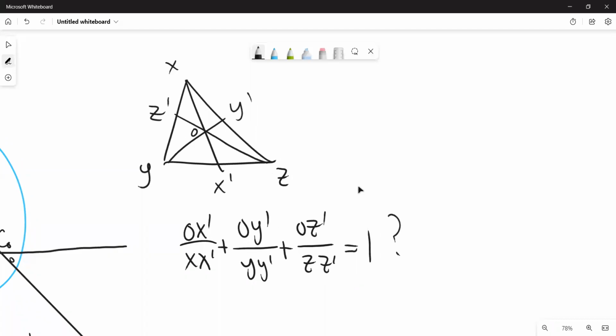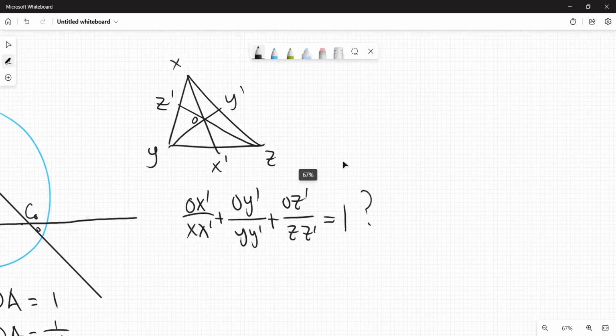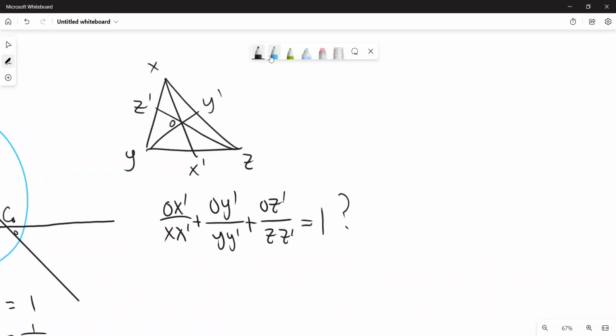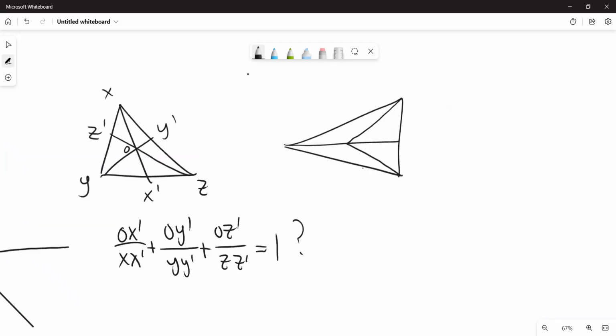OX prime over XX prime equals OYZ over XYZ. Yes, exactly. So it's about areas. So remember, if you have two triangles like that, or even maybe two triangles like this, well, I'll try to write this, PQRS.